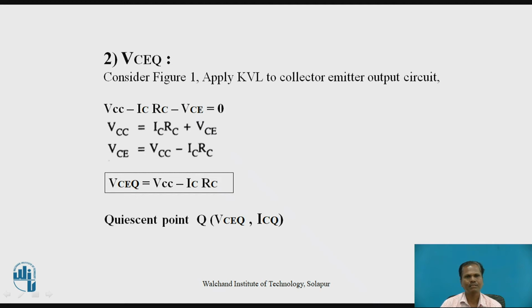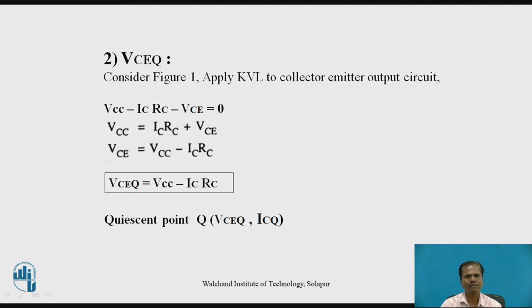So, this can be written as VCC, the total voltage given to the collector-emitter circuit of the transistor, equal to IC RC, since some part of this voltage will appear across RC, plus VCE, since the remaining part of VCC will appear between collector and emitter of the transistor. We have just rewritten the previous equation. Then the collector to emitter voltage VCE equals VCC minus IC RC.